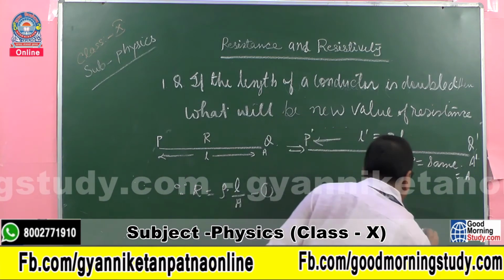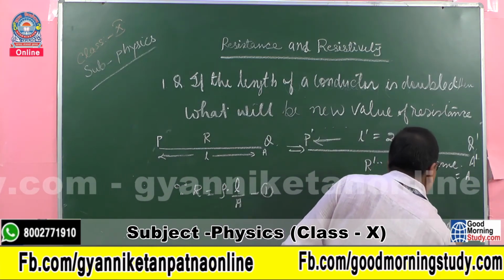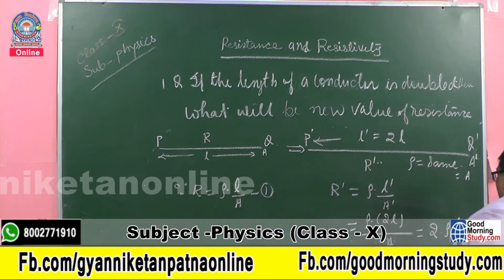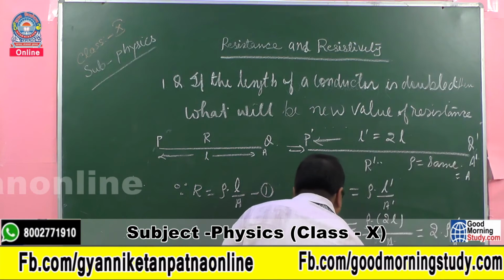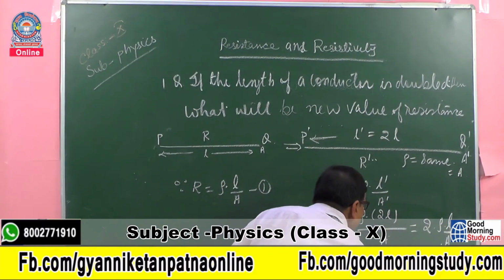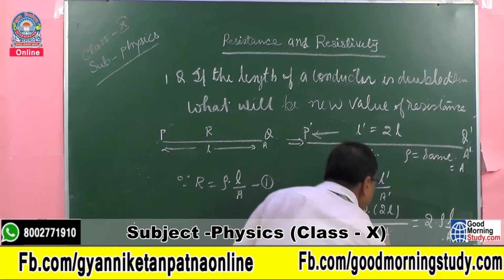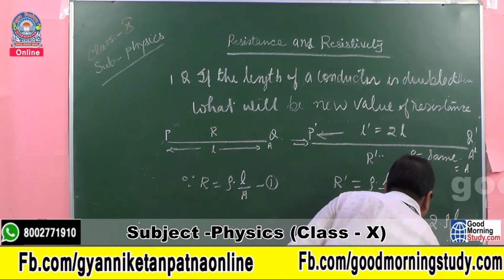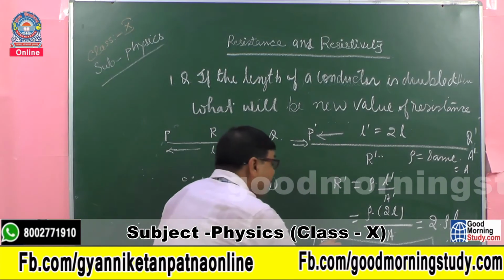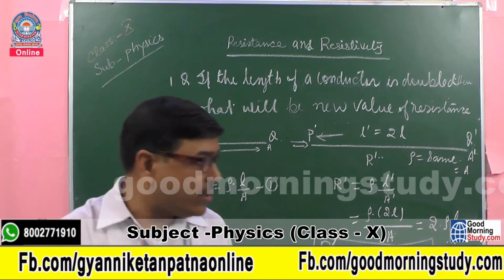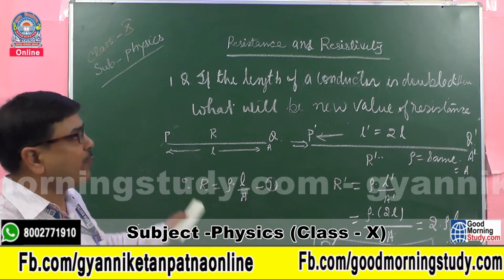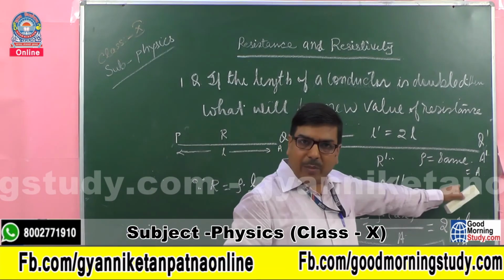Now this is 2 into rho into L upon A. So what we see is that R dash, the new resistance, is equal to 2 times the old resistance. So 2R. The value is 2R ohm. So this is the new resistance when the length just becomes double. And if the length becomes triple, you have to put 3 times.